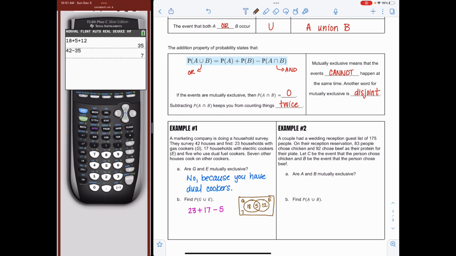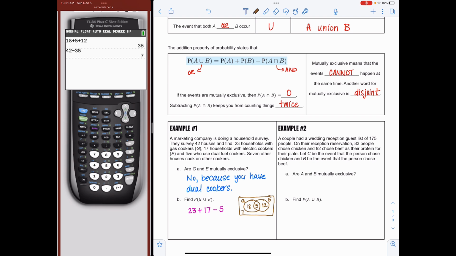However, if I were just to add 23 plus 17, I would get 40 because I would have counted that 5 in the middle twice, because the 5 is in the circle with the gas, since 18 plus 5 is the 23, and the 5 plus the 12 is the 17. So if I add them all up separately, I would have counted it twice. So I know I would have to subtract.